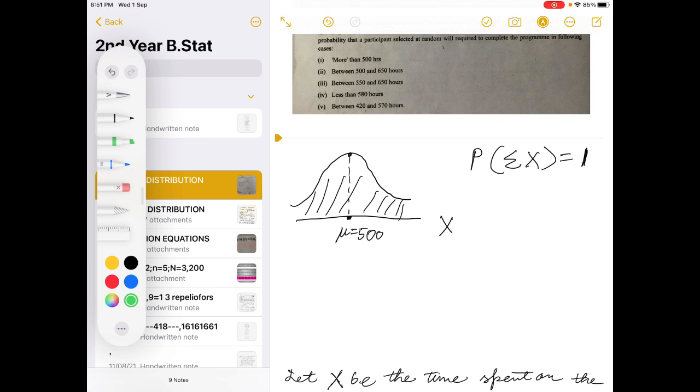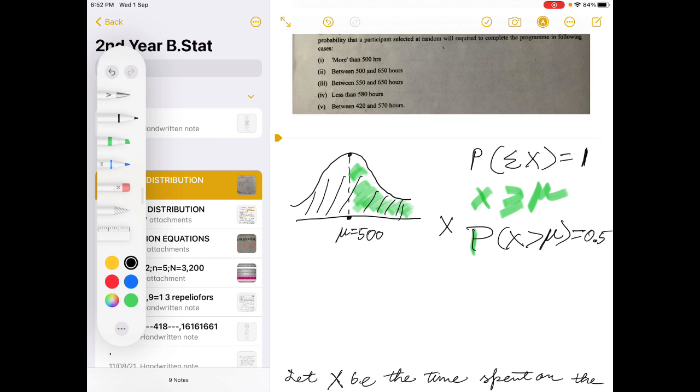So for example, if I take the right side of the mean, that means any value of x which is greater than or equal to the mean, the probability of such an x occurring, the probability of x greater than the mean, is exactly equal to 50%. That means 0.5.